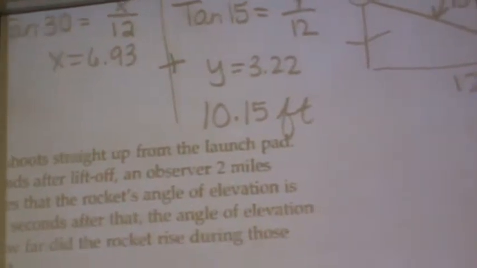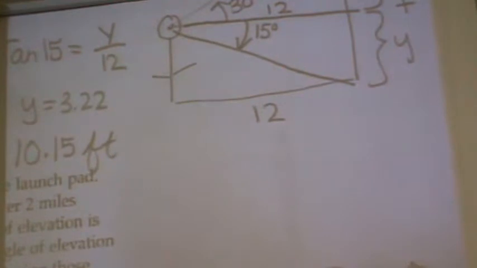Number 51, a rocket shoots straight up from a launch pad. So here's your rocket. It's shooting up from a launch pad. 5 seconds after liftoff, an observer, here's your observer, and the observer is 2 miles away, notices that the rocket's angle of elevation is 3.5.